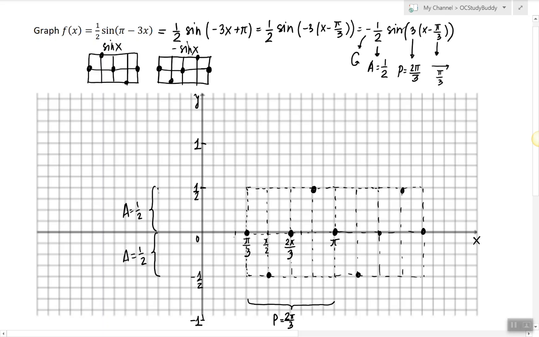And we can do that same thing going to the left. So the graph looks like this.